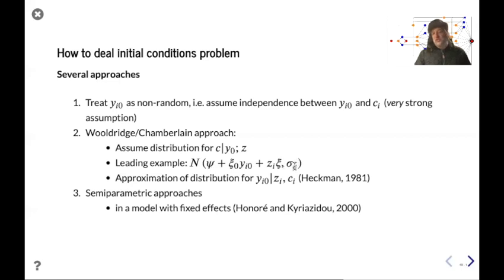You can also even try to allow the variance to depend on it as well, and you will have some way of modeling heteroscedasticity in that model. We're not going to do that. We're going to work with this.